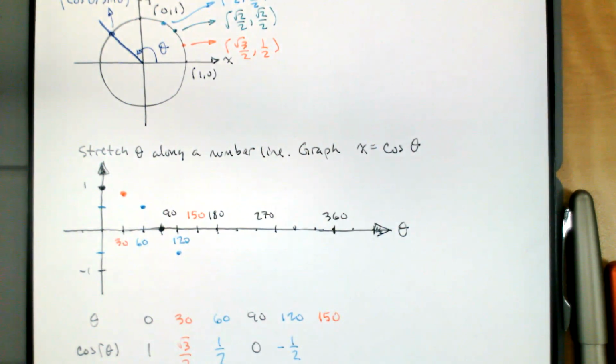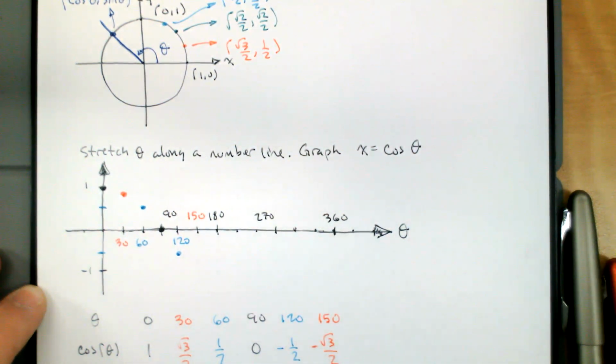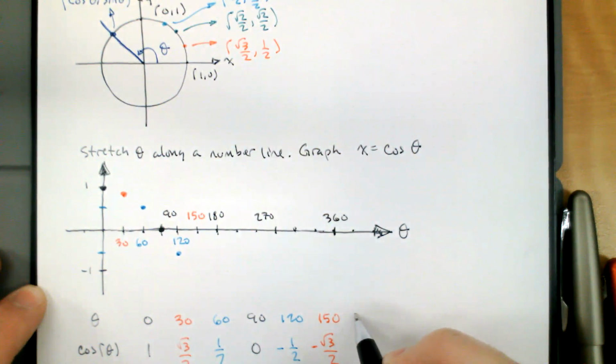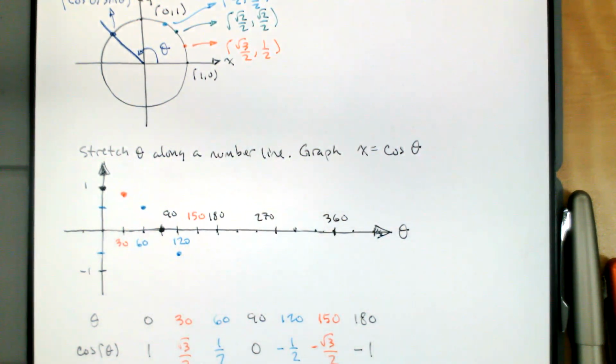Cosine of 150 is then negative √3/2. And then when we get to 180, cosine of 180 is down to negative 1. There's cosine dropping from 0 to negative 1 in the second quadrant.